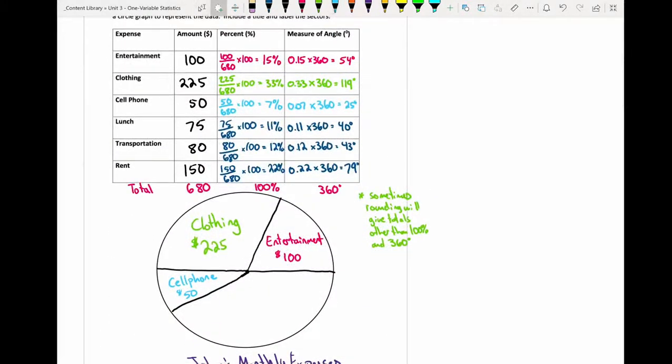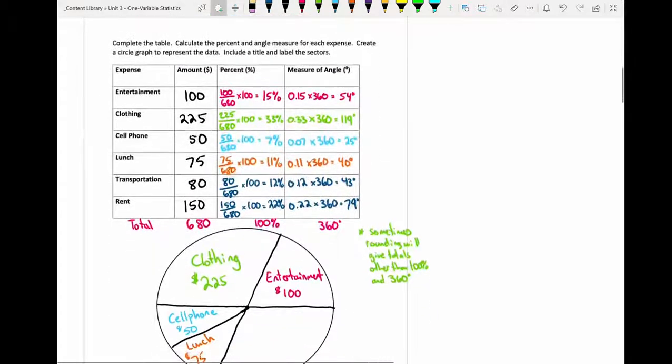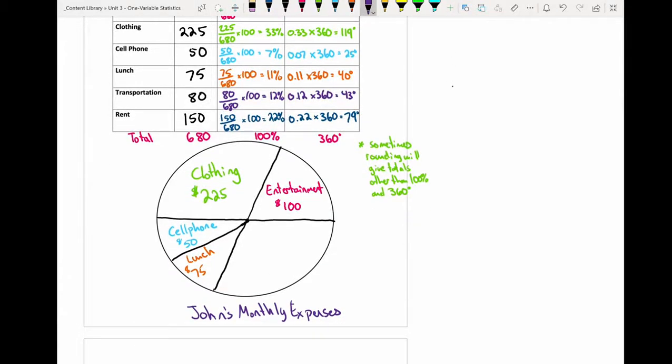Lunch in orange. Slightly bigger than that. We have our lunch, or $75. Transportation was in purple, and roughly 40 degrees.